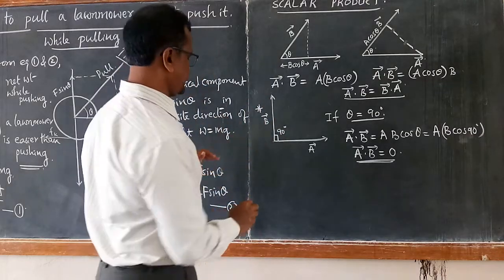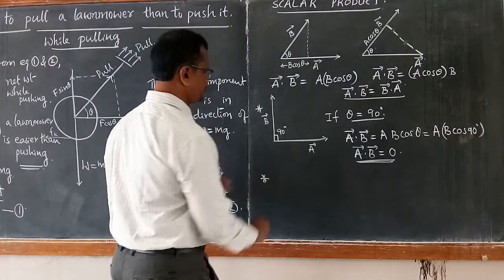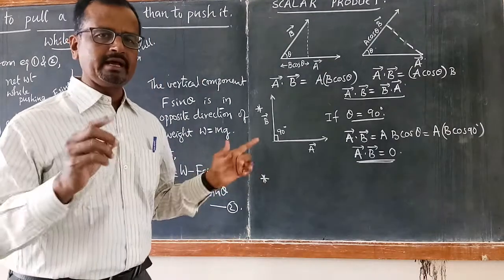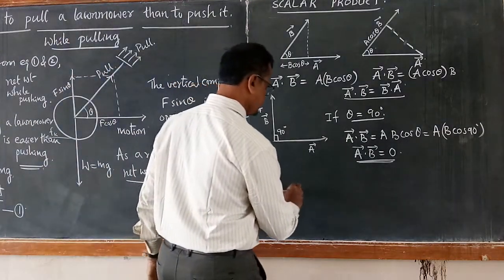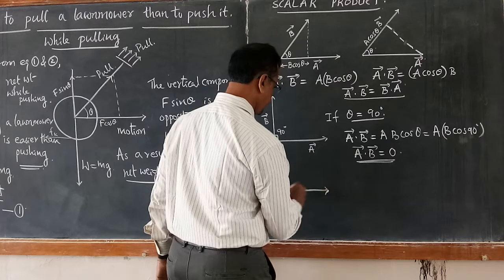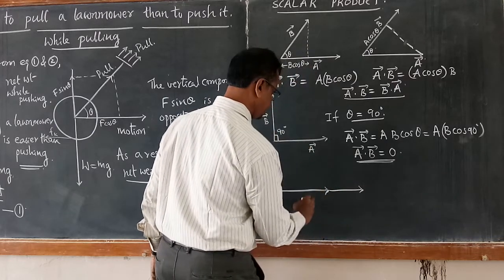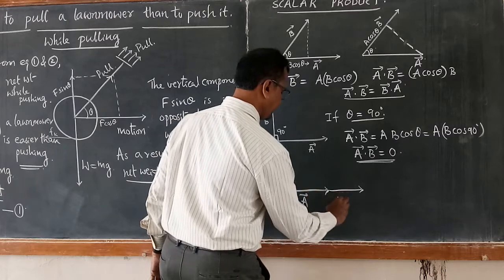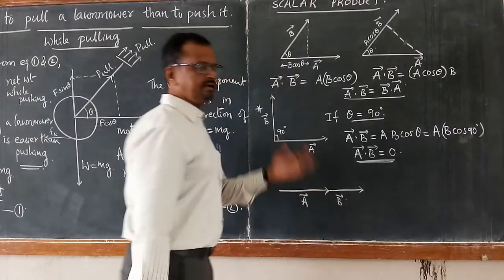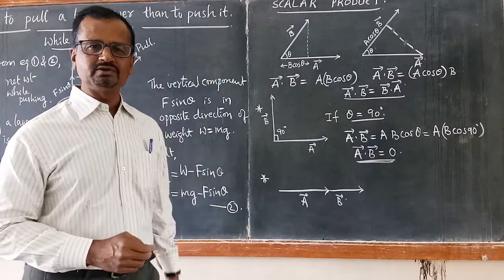Okay. Now the second case: if vector A and vector B are in the same line and in the same direction, then what is the angle between them? The angle between them becomes 0.